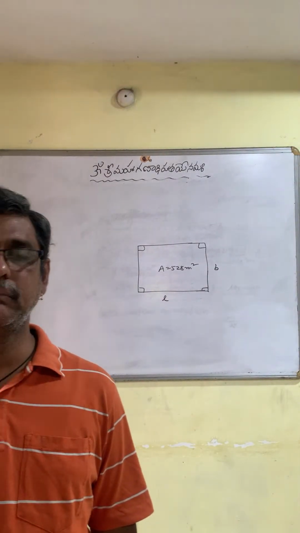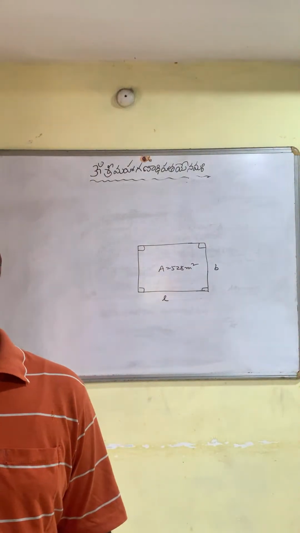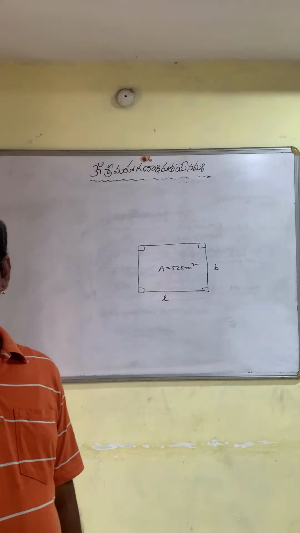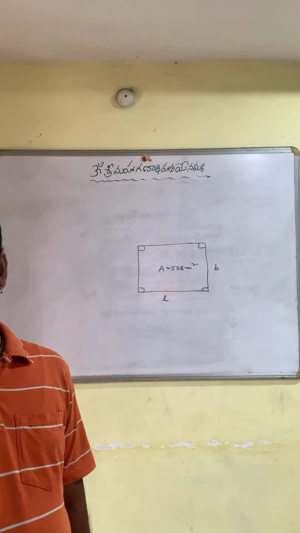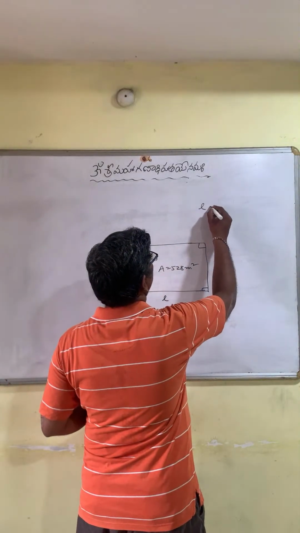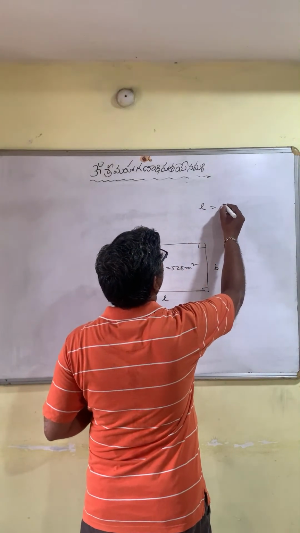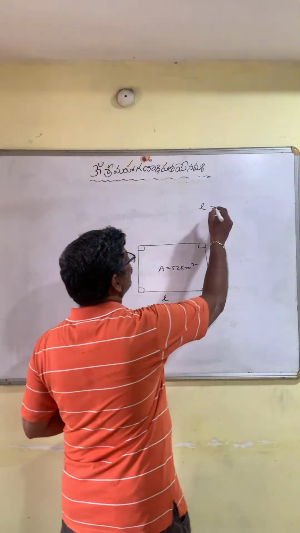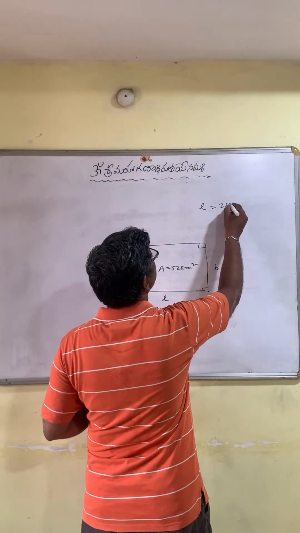I don't know them, means I don't know the length and the breadth, and I want to find out it. But I know the relation between those two dimensions. What is that? Length is equal to 1 more than twice the breadth.